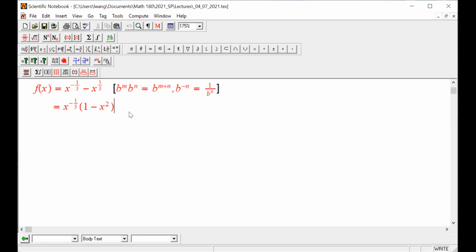When you read this, you say, what the hell? How did he get there? Would you be asking that question? So I'm going to insert a step, and I make a claim that there's more than one way to do this.